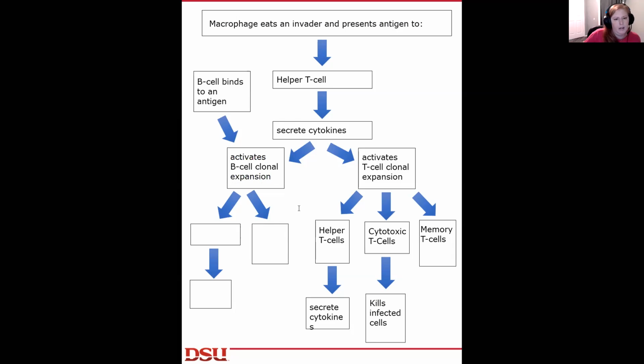We know that when clonal expansion happens for B cells, we have two options. We can either have plasma cells, which produce antibodies, or we have our memory B cells. And like memory Ts, those are going to stay in the blood in small numbers and circulate.